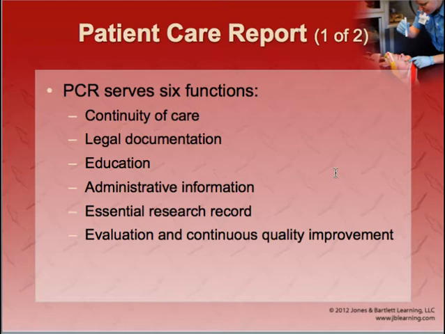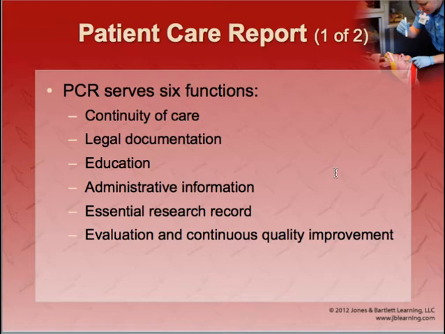Education, we utilize this along with providing continuous quality improvement and so on. They're kind of integrated together in providing educational programs for continuing education and for initial education and changing the practice. And that's where the essential research record comes in, because the information contained on the PCR can help us better understand what is going on in the field by progressing our industry through utilizing good sound research principles.